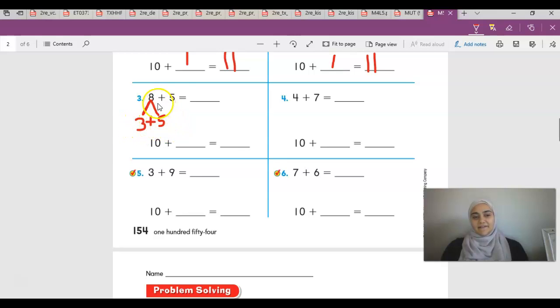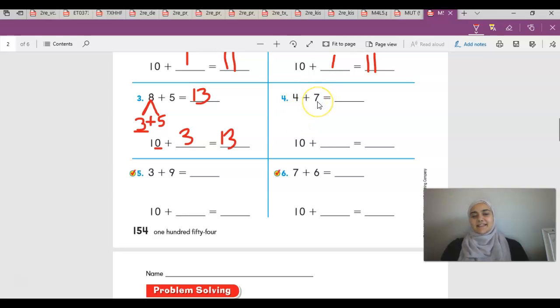So 3 plus 5 is 8. 5 plus 5 is 10, and we already have the 10. Now we're going to do 10 plus the missing part, which is 3, is what? 13. So 8 plus 5 is 13. Get it? Okay, we're getting there.